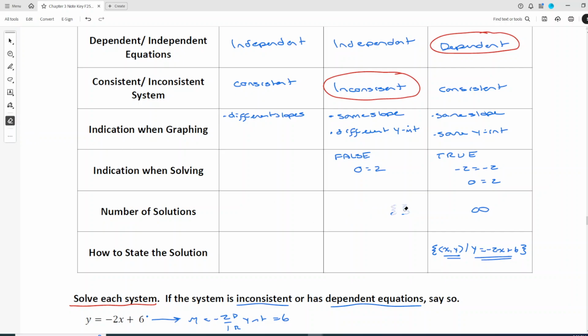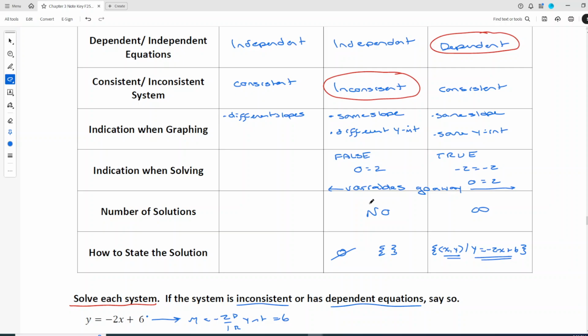I just changed these notes, so I'm not 100% used to them. So there are no solutions, which you would say as this or this. Okay, so for both of these, the variables go away. Isn't that super mathematical? The variables are eliminated, right?